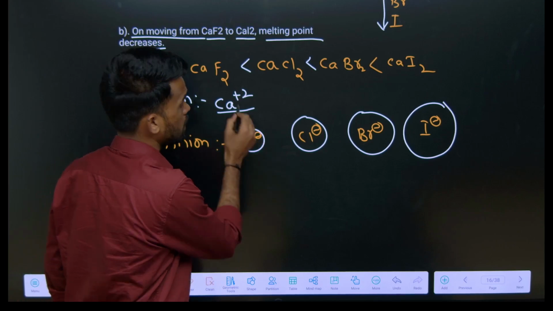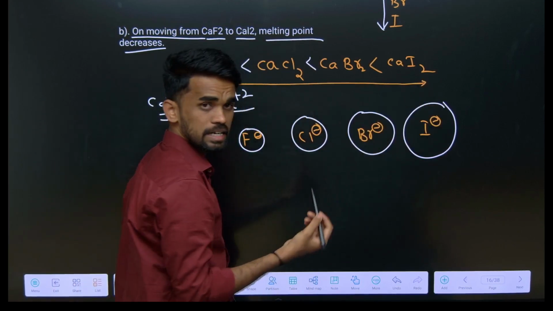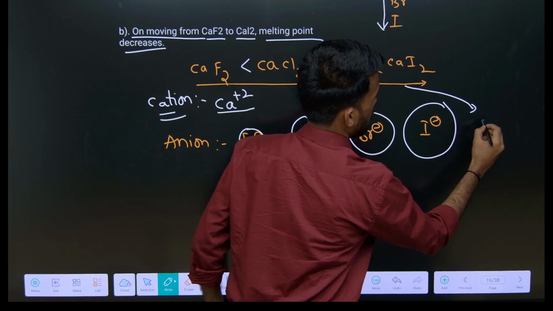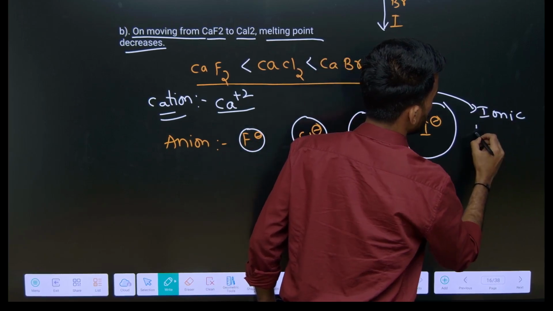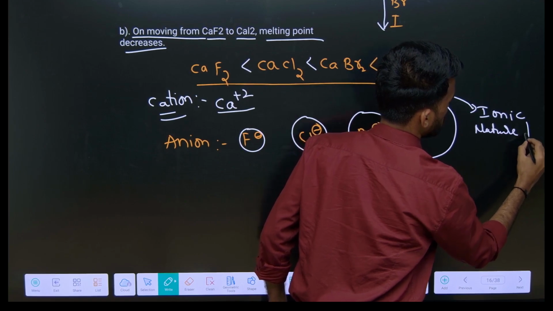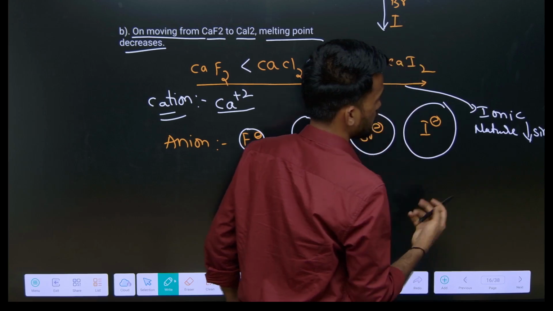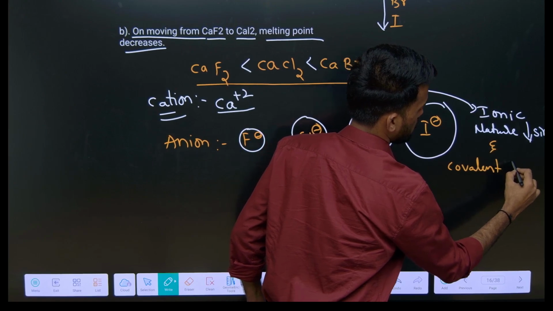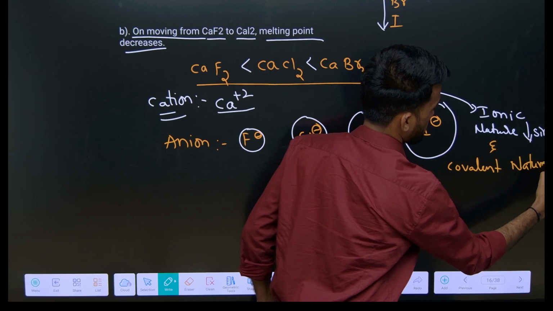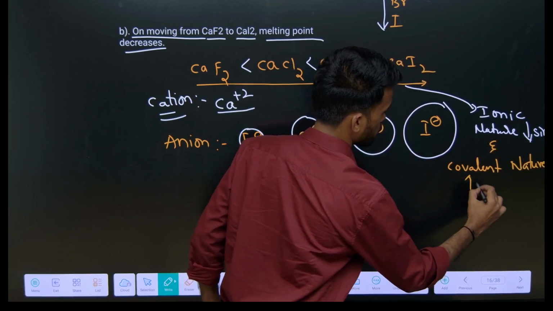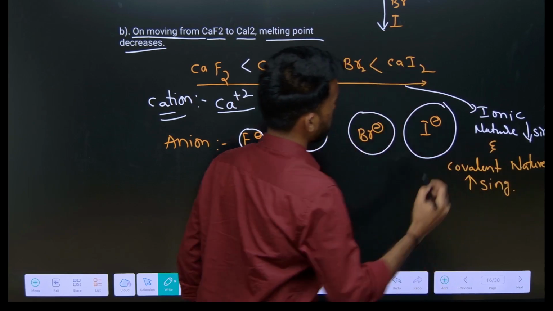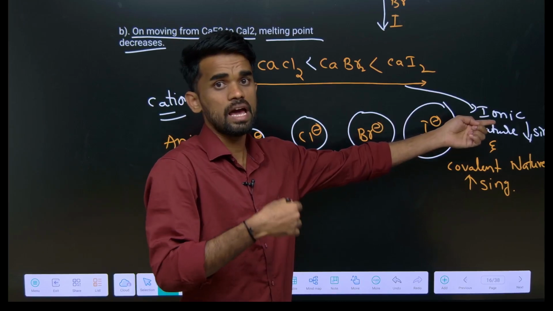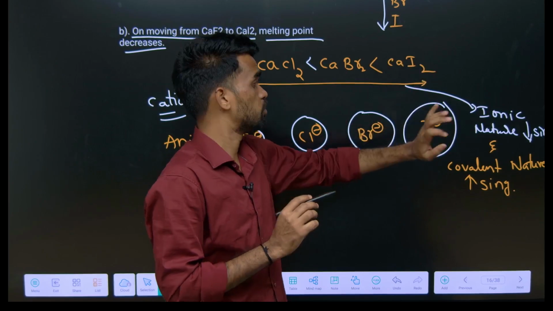So here, from the first to the last, ionic nature is decreasing and covalent nature is increasing. It means the one having more ionic character will have a higher melting and boiling point.